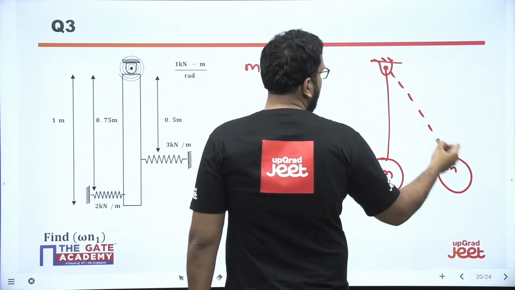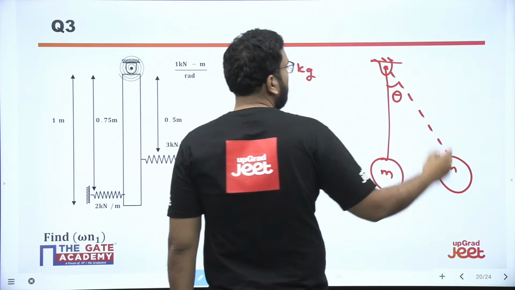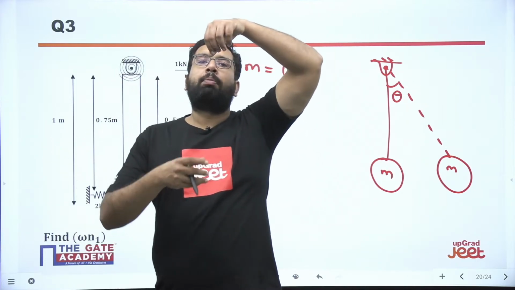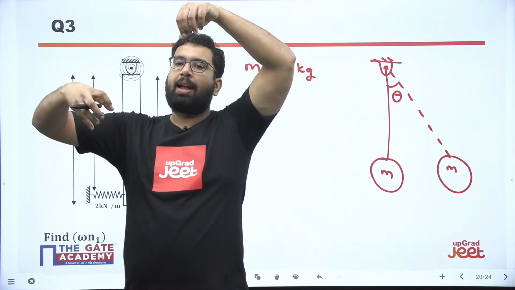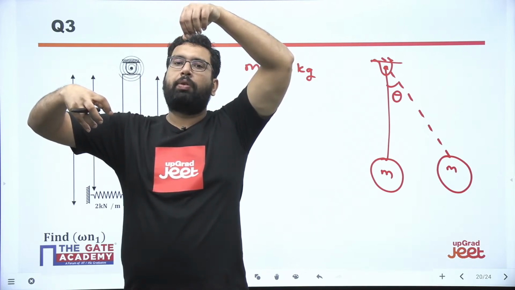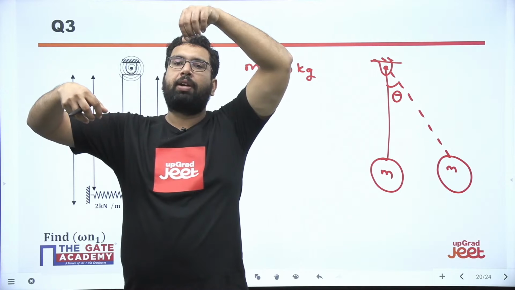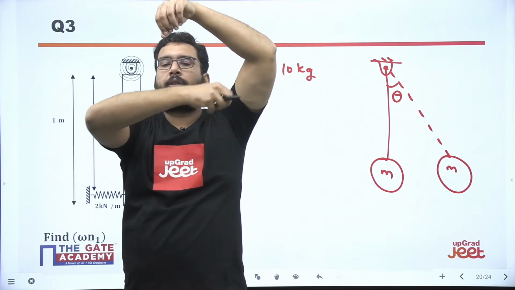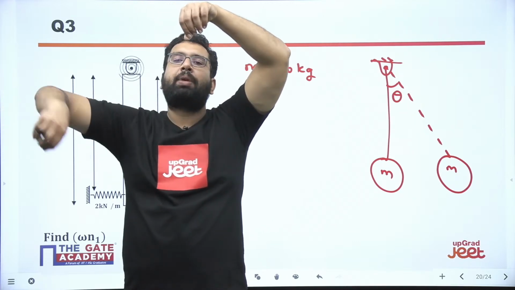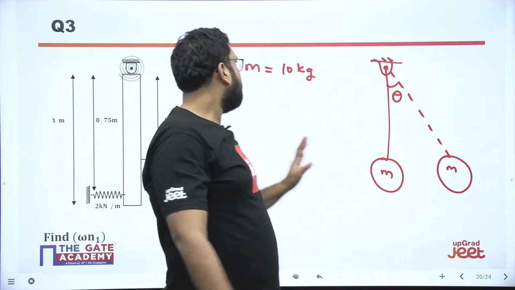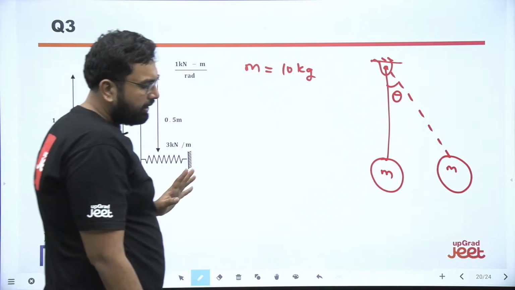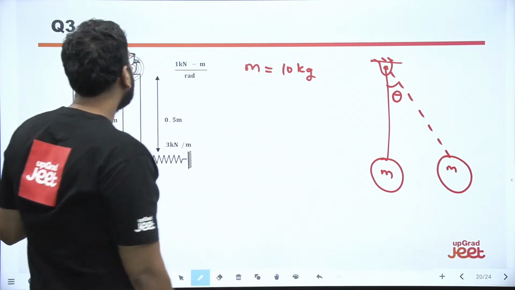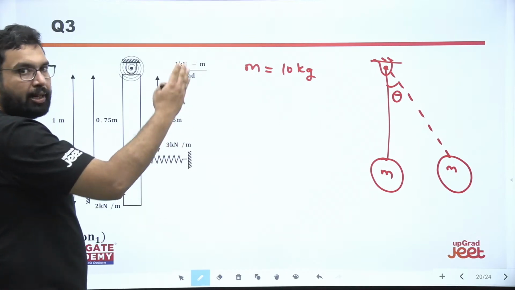We are going to give it some angular displacement like this and leave it. So it will go like this, this is the way it vibrates. Basically, when we have a hinge, the vibration about the hinge would be in the form of angular vibration.